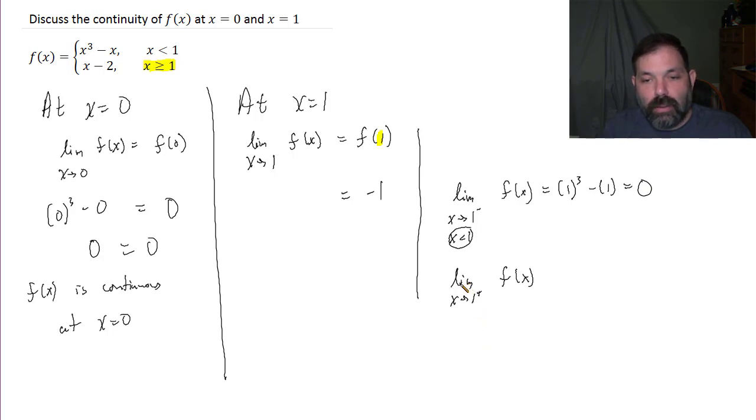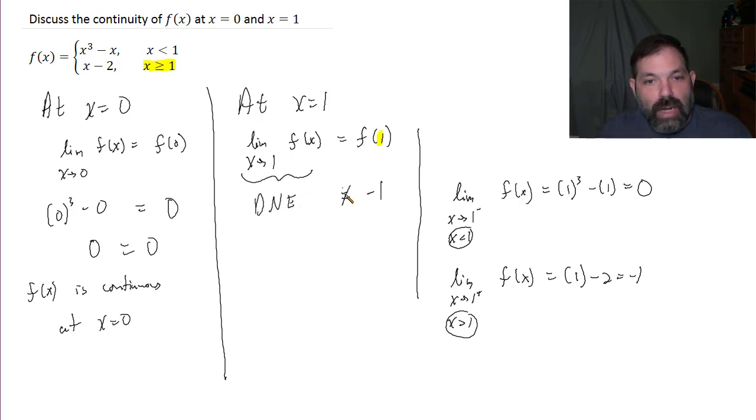If we had the limit as x approaches 1 from the right, here x is greater than 1, and so I would use the x minus 2 rule, and so that would be 1 minus 2, which is negative 1. These values are not the same, so this limit does not exist.